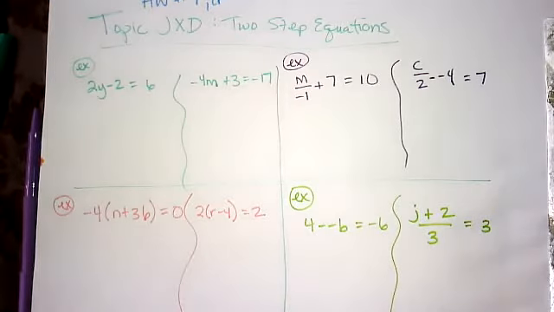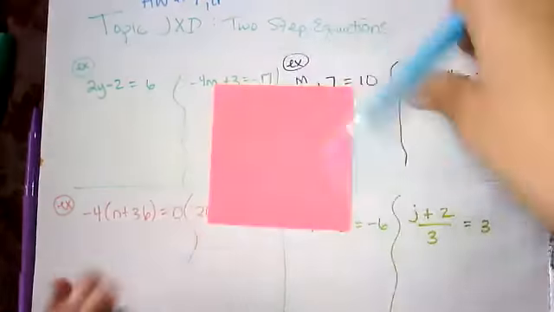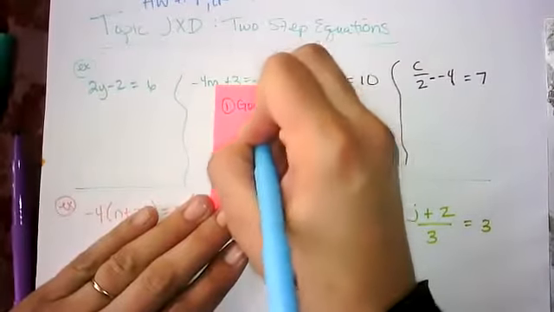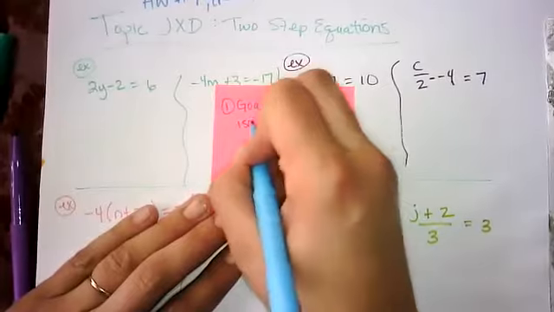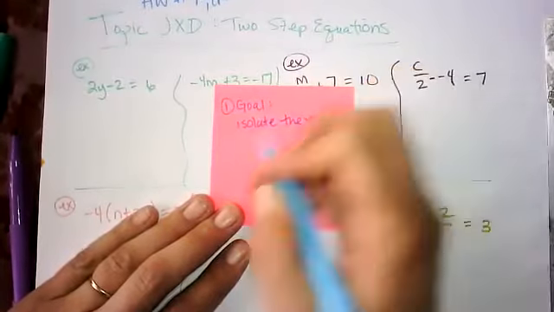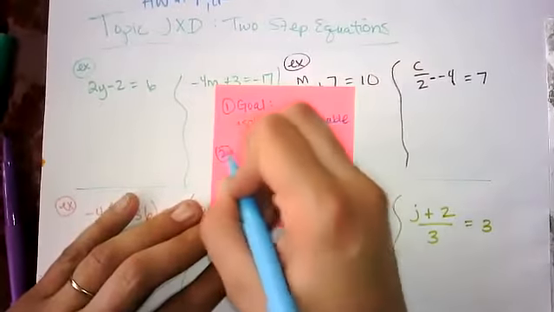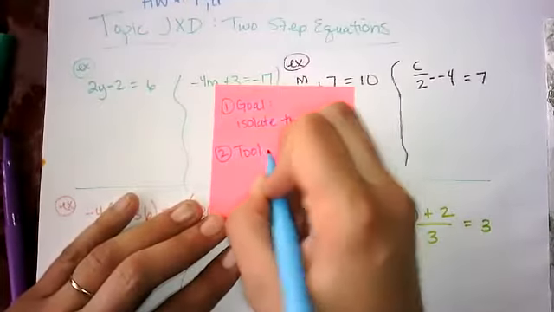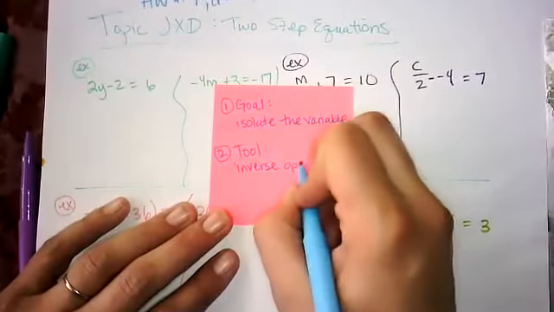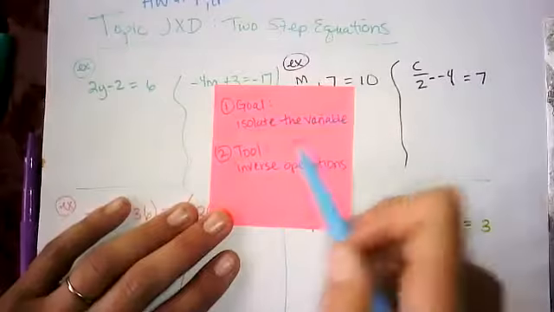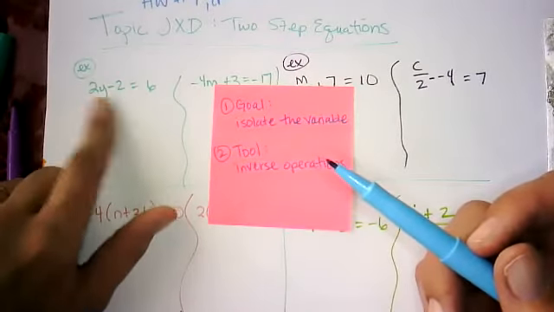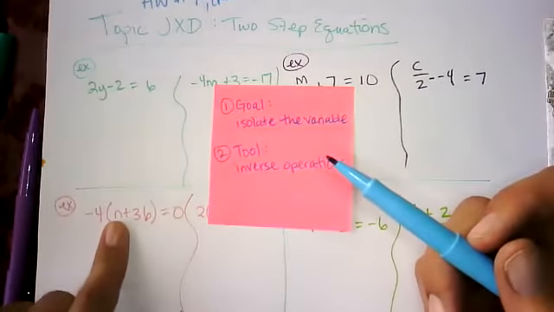All right, so there are 3 things to keep in mind when you're solving equations. Your goal is to isolate the variable, or the letter. Basically, get it by itself. The tool is going to be using inverse operations to get rid of things that are next to the variable. Like I would use inverse operations to get rid of the 2 so that the y could be by itself, or here so that the n could be by itself.